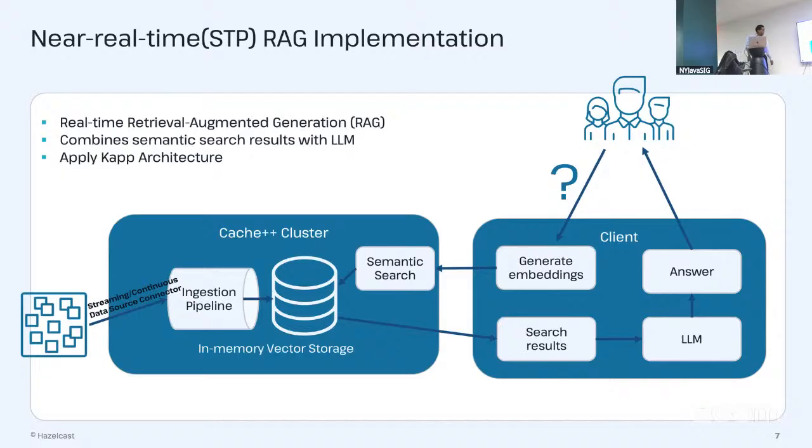The embedding can be parallelized. If I'm ingesting and making a call to the ML model, I can parallelize that as well, on the same machine and on a different machine in the cluster.